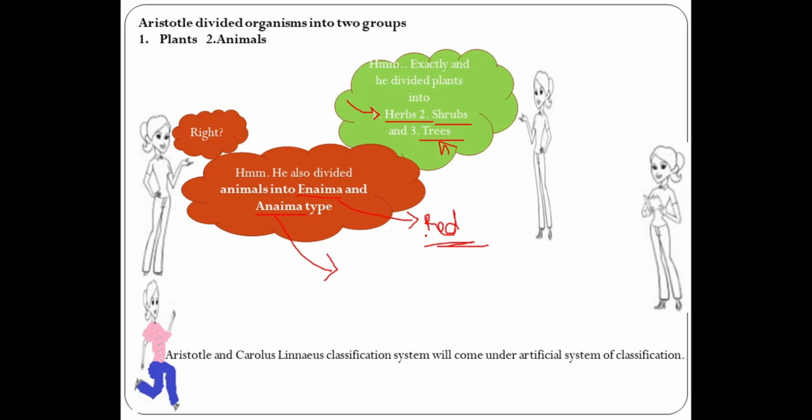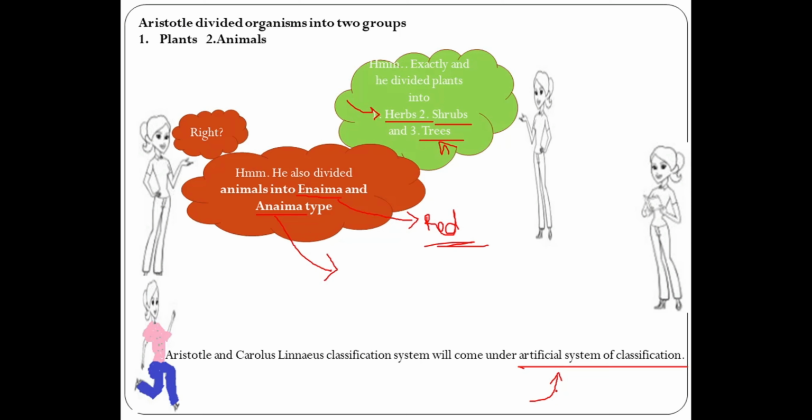Okay, so this is Aristotle's division, which he made in plant groups and animal groups. Right. The Aristotle classification system comes under one method of biological classification, that is the artificial system of classification. So what is the meaning of artificial system of classification?